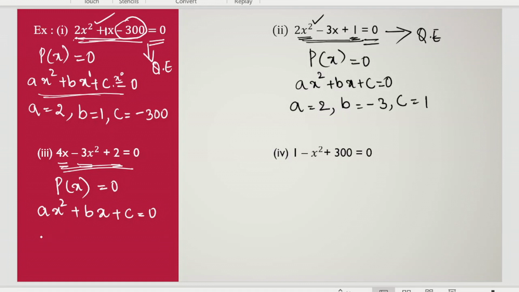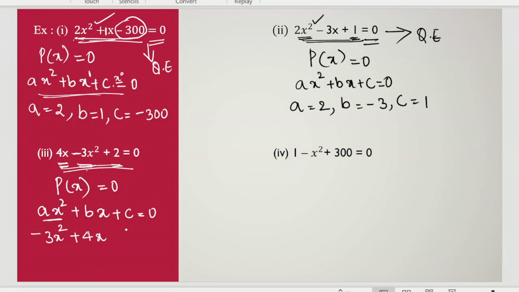Okay, so what is the first term, which is ax square? The first term in this equation will be minus 3x square. Write it here, minus 3x square, and the next term in the equation is plus bx, so here you will get plus 4x.